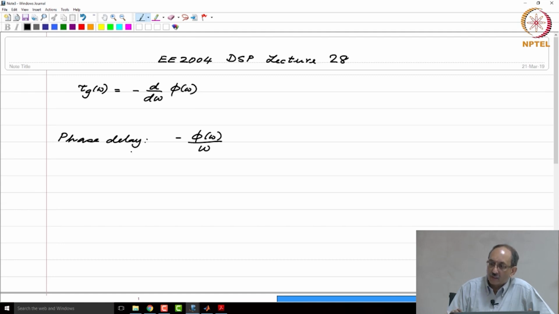So, the envelope gets delayed by the group delay, the carrier, the phase, gets delayed by the phase delay. Under certain assumptions you can show that this is what falls out if you assume a general system like this. We will not talk about phase delay other than mentioning the definition, whereas group delay we will talk more about as we go along.